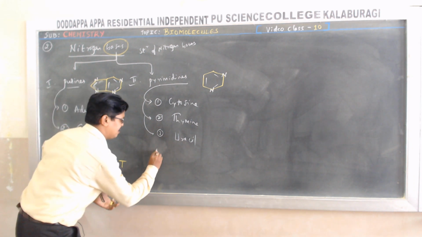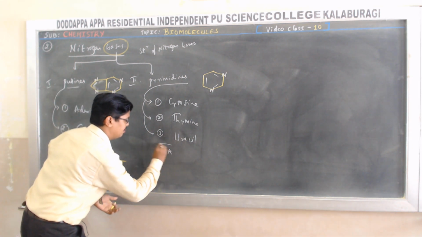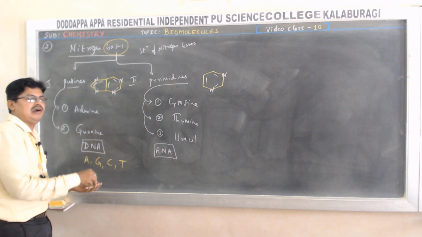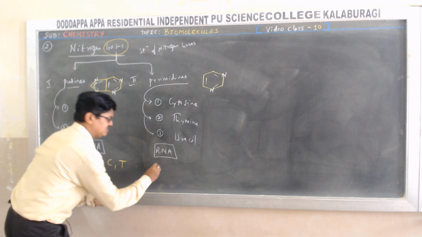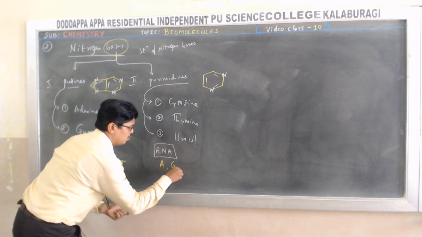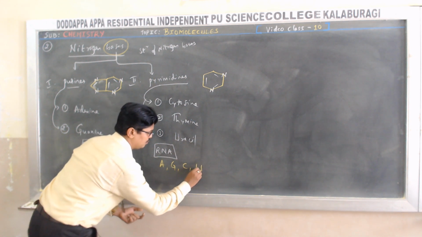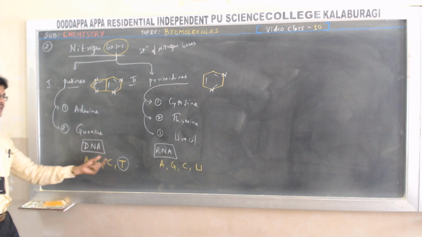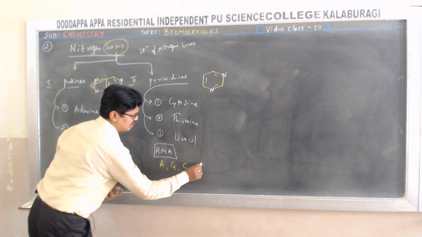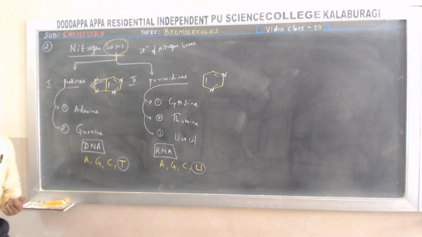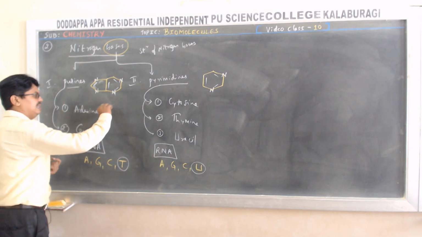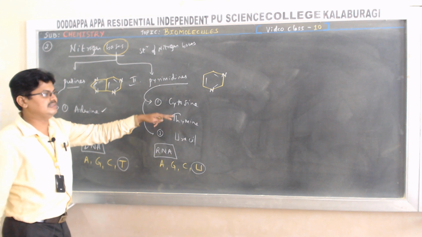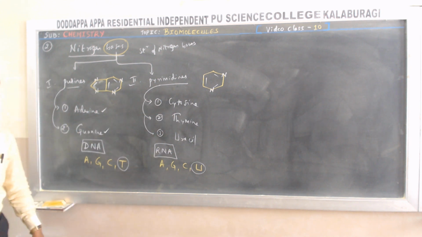But in case of RNA, RNA is made up of the nitrogen bases adenine, guanine, cytosine and uracil. What makes the difference? In DNA, thymine is present. In RNA, uracil is present. So now let us focus on the structures of adenine, guanine, cytosine, thymine and uracil.